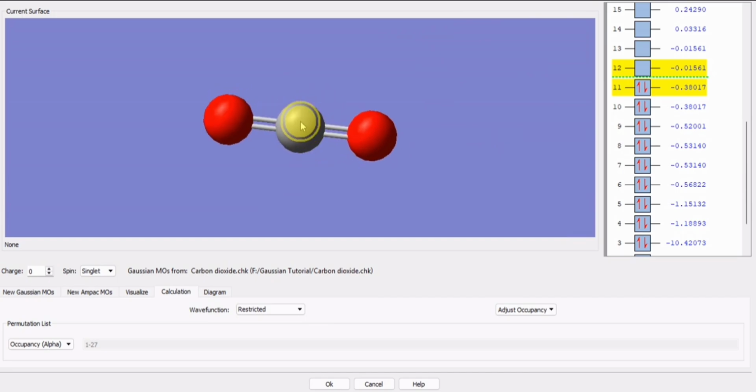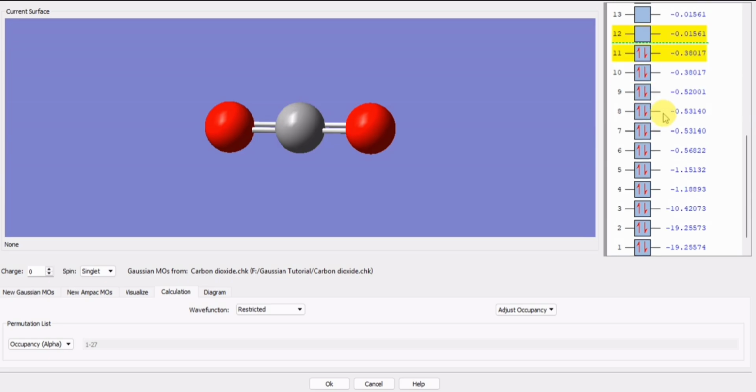Actually, what is the HOMO-LUMO gap? HOMO means the highest occupied molecular orbital, and LUMO means the lowest unoccupied molecular orbital. You can see that here the charge distributions are given.